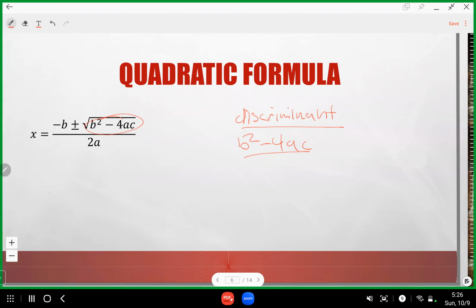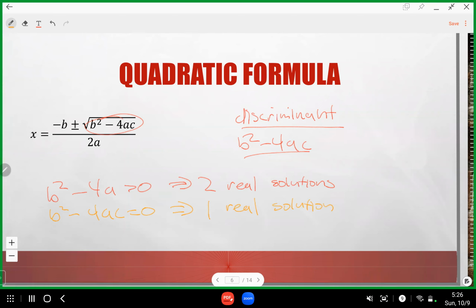So if the discriminant b squared minus 4ac is greater than 0, you have 2 real solutions. All right, second case. Let's make it orange now. If b squared minus 4ac is equal to 0, you only have 1 real solution.